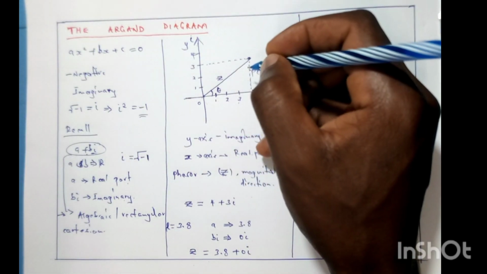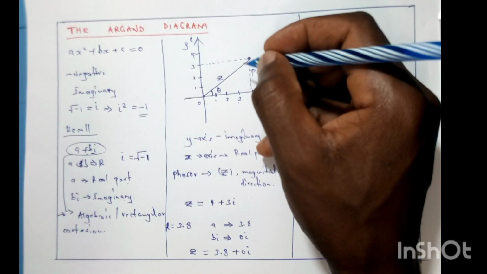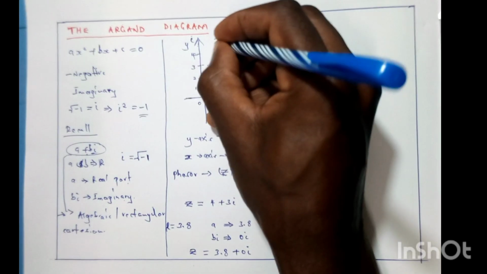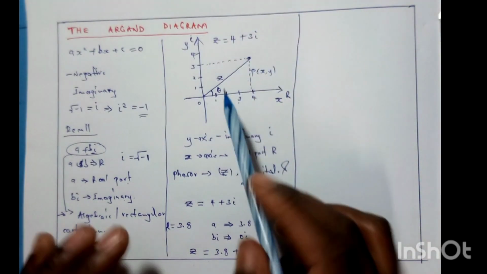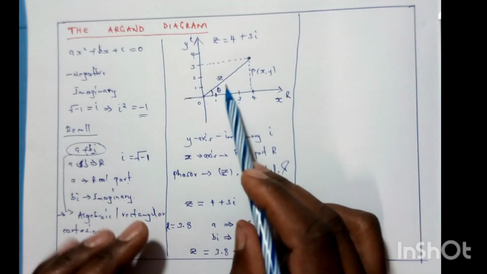A complex number that I've given in this particular graph, and this was a representation. So that Z represented the complex number.